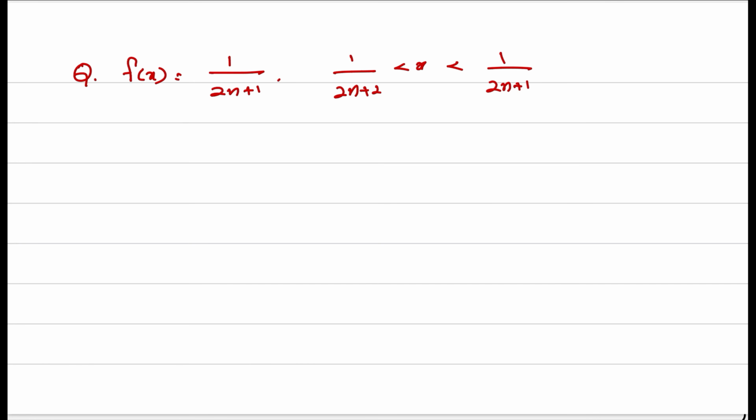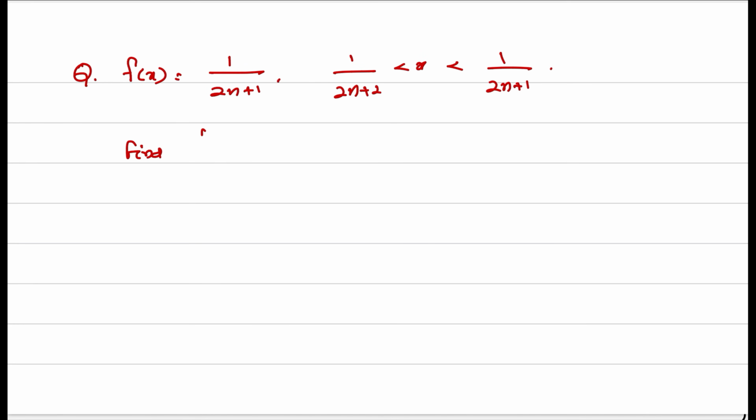What is given in the question? Function f(x) is equal to 1 by 2n plus 1, and x is varying between 1 by 2n plus 2 and 1 by 2n plus 1. This is the range of x. This is the value of the function. What we have to find?